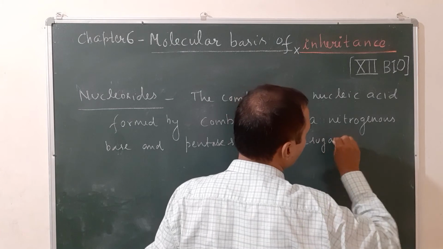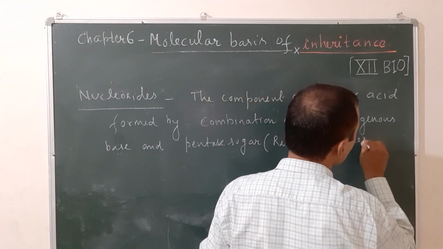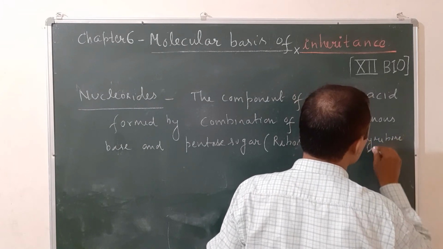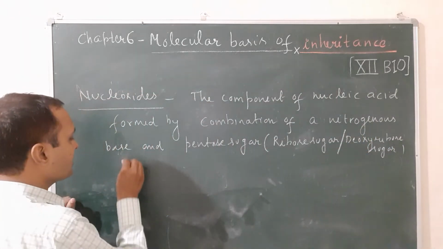Because it has 5 carbon, either ribose sugar or deoxyribose sugar, is called nucleosides.